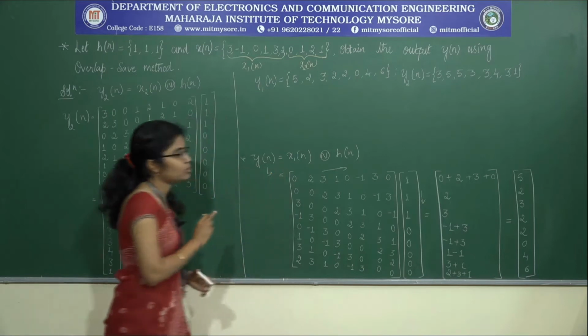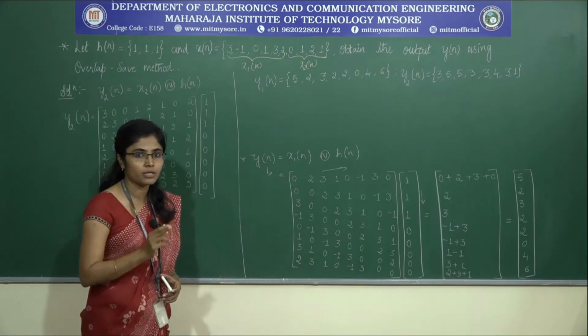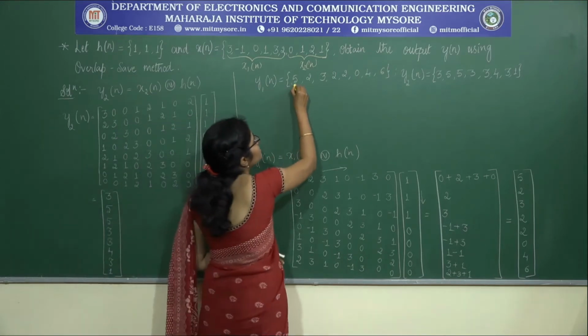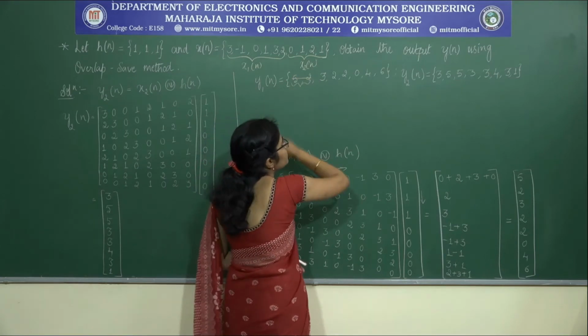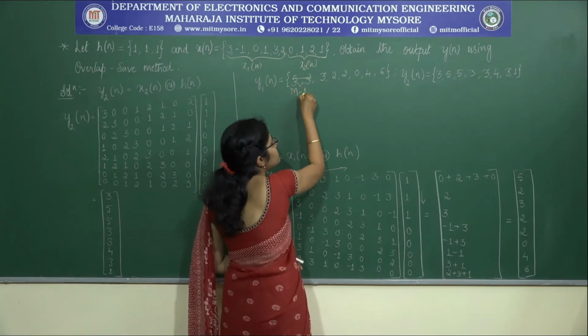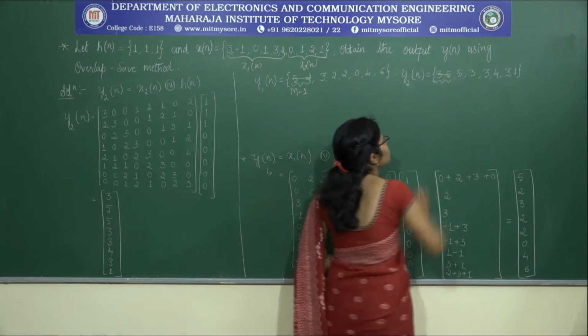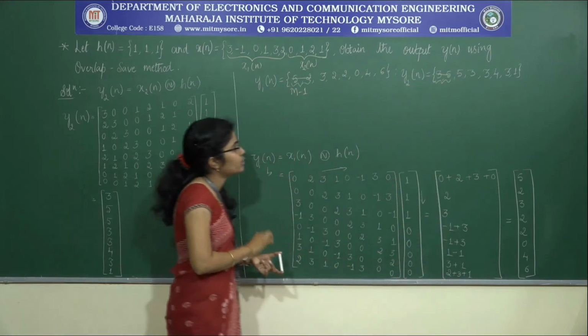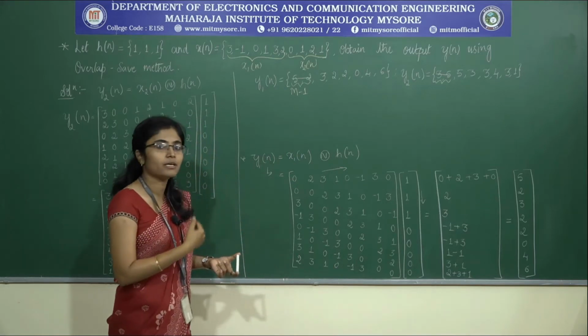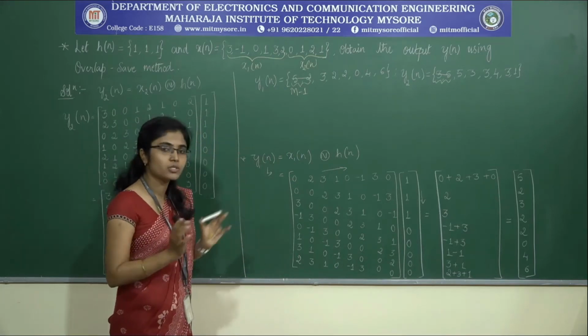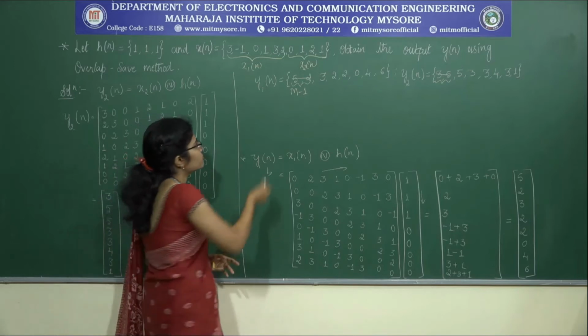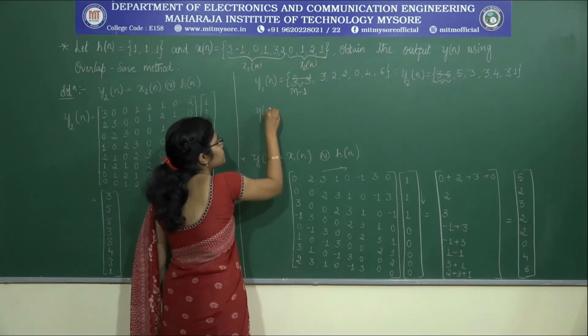The value of m is 3, so m-1 gives us 2. So I need to discard these two samples, m-1 samples. Similarly here m-1 is again 2, so I need to discard these two. If I discard those samples and rewrite both the sequences together, it gives us y of n.